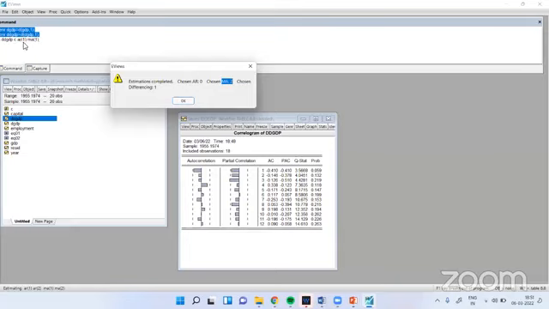AR1 is only one parameter, while MA2 means MA1 and MA2. So this is the first rejection. The second rejection is that on first difference our series was not stationary, and it has worked on first difference. So we don't accept the result of the automatic mode.